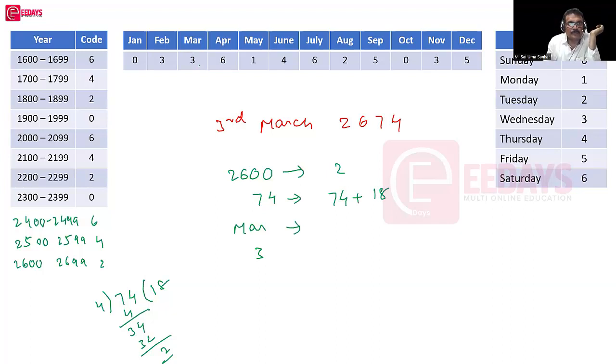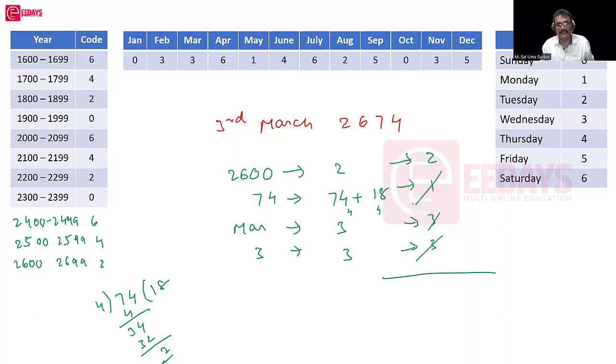And what is the code for March? That is 3, and the date is 3. And this is 2. Now divide this number by 7, the remainder is 4, and the other remainder is 4. 4 plus 4 is 8. Again divide that by 7, the remainder is 1. And this is 3, this is 3, the sum of 7 cancels, only 2 is left. What is 2? 2 is Tuesday. That is the answer.